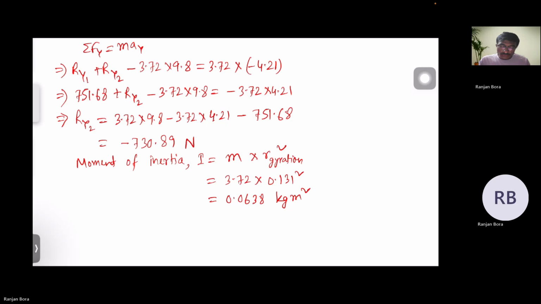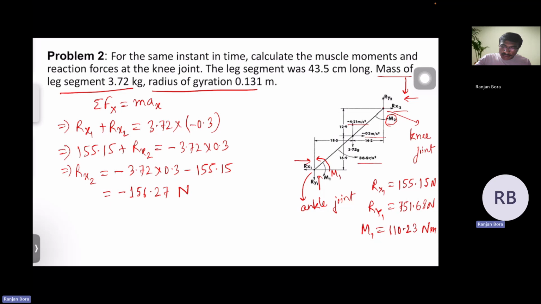So we have found out the moment of inertia for this leg segment. Now we need to find out the moment of inertia of this leg segment about the knee joint.